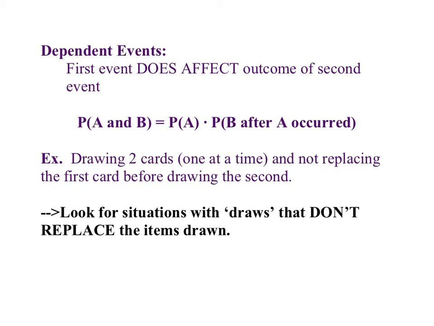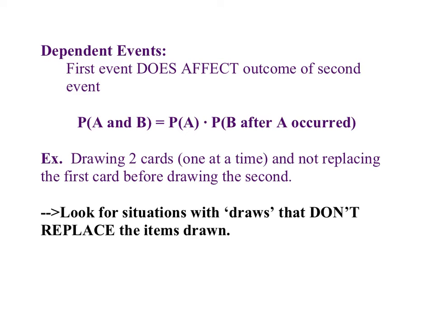So of course that means that dependent events do affect what happens after each event. A famous example would be drawing 2 cards one at a time out of a deck of cards, and you're not replacing the cards as you're making the draws. If you can visualize at the beginning, you'll have 52 cards to draw from.